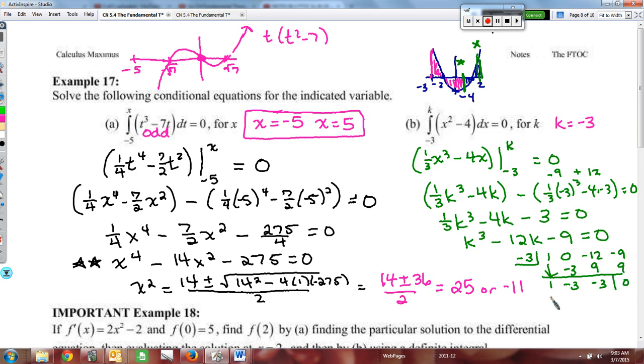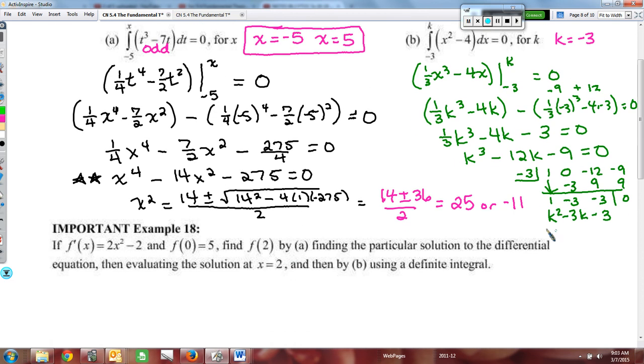And that gets me down to a factor of k squared minus 3k minus 3. And so now I can set that equal to 0 and just solve using the quadratic formula. So we would have k equal to 3 plus or minus the square root of 9 minus 4 times 1 times negative 3, all over 2, which would give me 3 plus or minus the square root of 9 plus 12, or 21, all over 2.